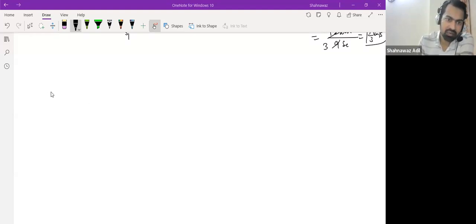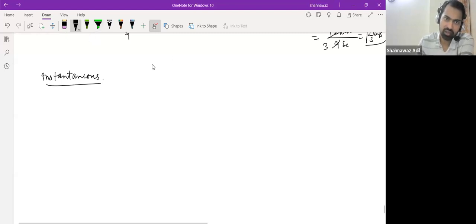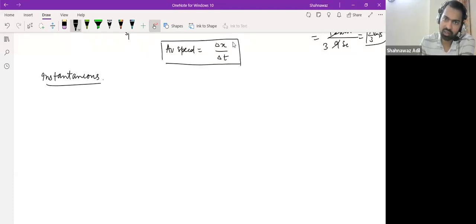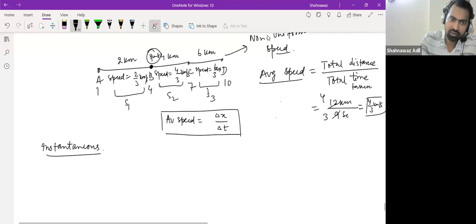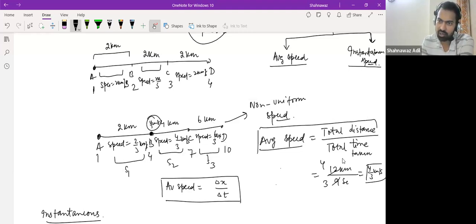Okay. Then we learned about the instantaneous speed and average speed. We can also calculate the average speed by this formula: average speed is also delta x by delta t. This we will learn. So one is this: whenever you are given some journey and you know all these different speeds, then you apply total distance by total time.